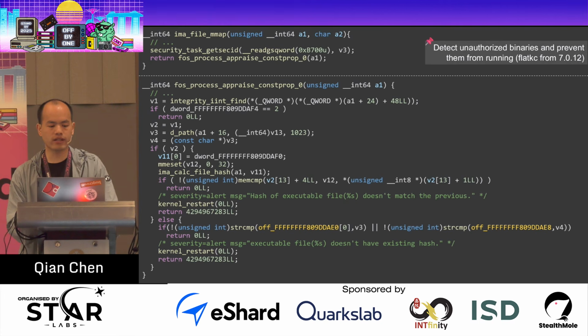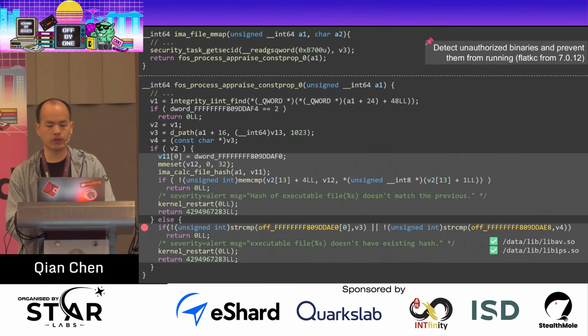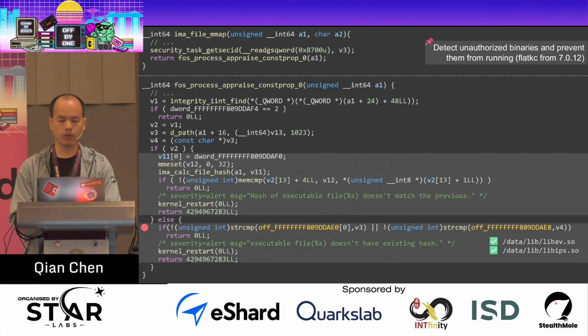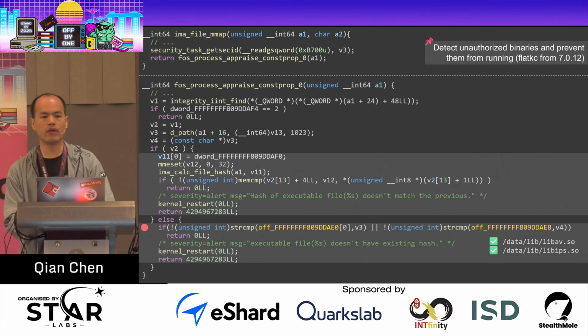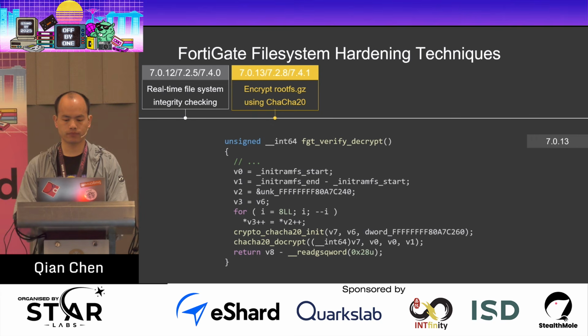This function calculates the file hash and compares it with the previously stored hash. In general, a hash mismatch will trigger a kernel restart. Interestingly, as shown in this code, libav.so and libips.so are explicitly excluded from this validation process, allowing them to be modified without triggering the security mechanism.